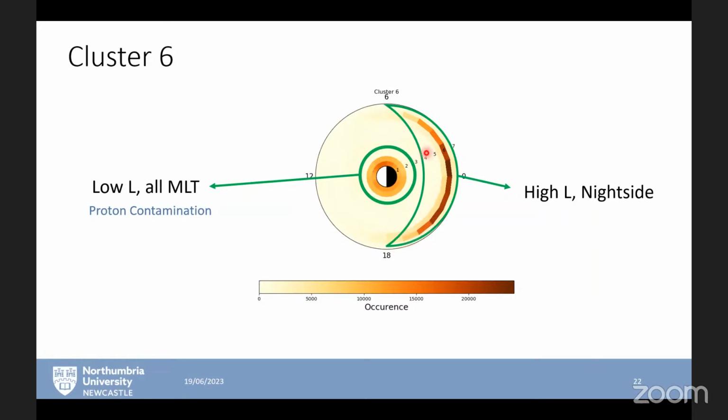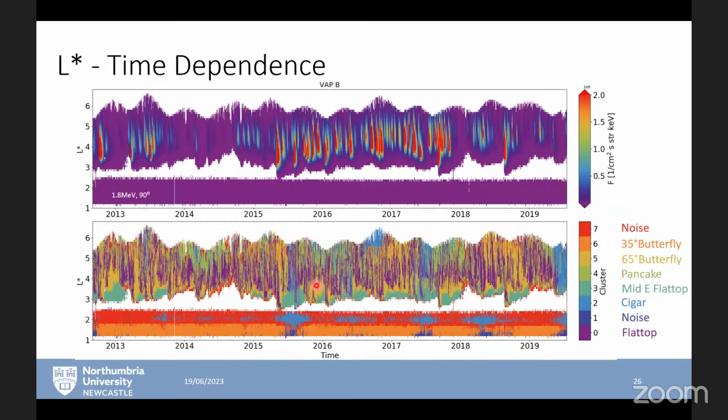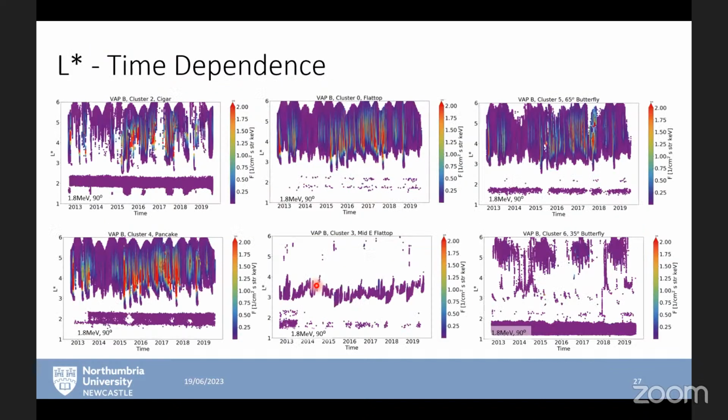There may be some observations within this. It could just be the way the color bar is. But when we look at the L star, we can see in the bottom right here that there are a few instances along the inner edge, and possibly a couple along the outer edge of the inner belt. However, we're not sure how accurate they are due to proton contamination. We're hoping to look into that cluster a little bit further as well.